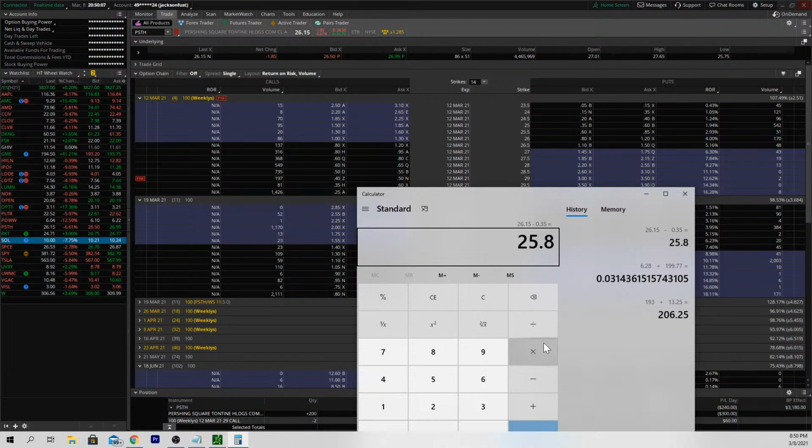And then the best part about the covered strangle is that you're selling another cash secured put. So your full position is 100 shares, one covered call, and one cash secured put.